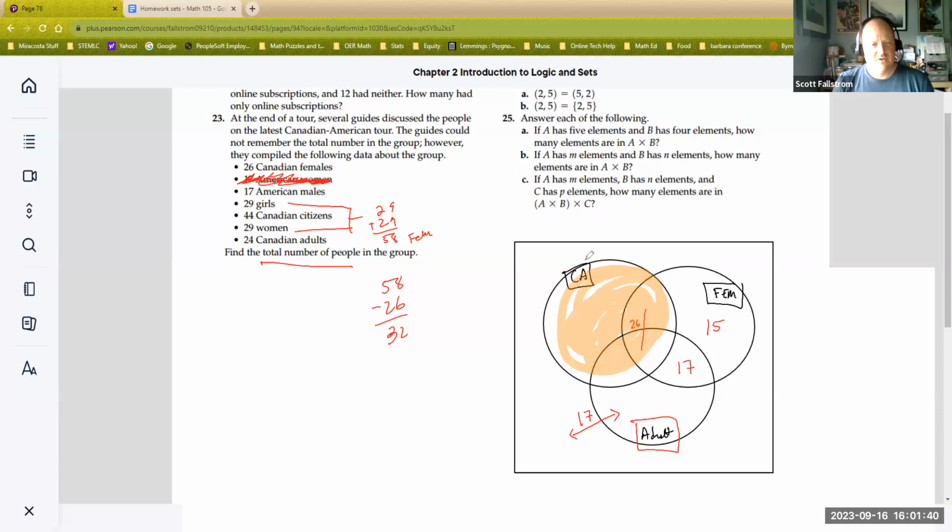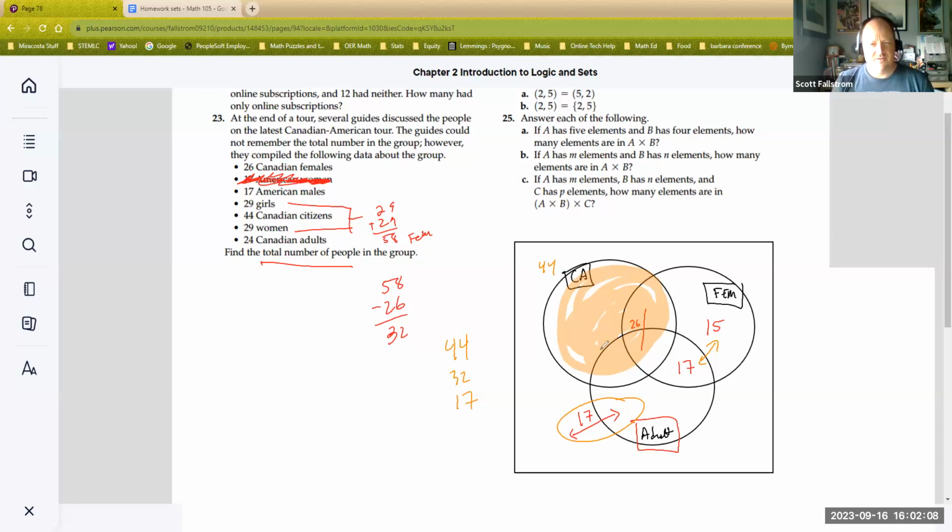All of this is worth 44. Okay. I've got 17 American males, 32 American females. So I have 44. I have 32, and I have 17. So those are the three little chunks. All Canadians are covered because I have this many Canadian citizens.